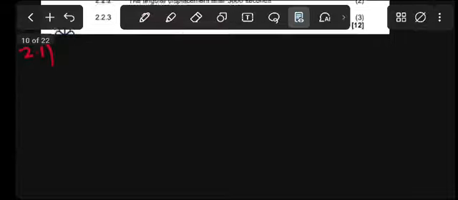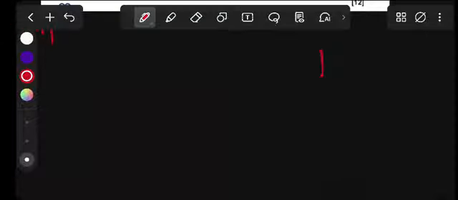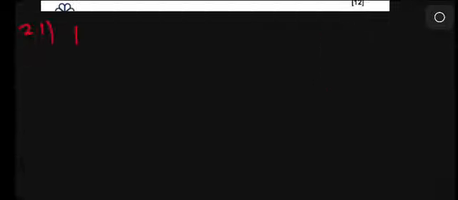So we've been given power. What is important, you must know that power is equal to torque multiplied by angular velocity. Torque is the same as force multiplied by r.